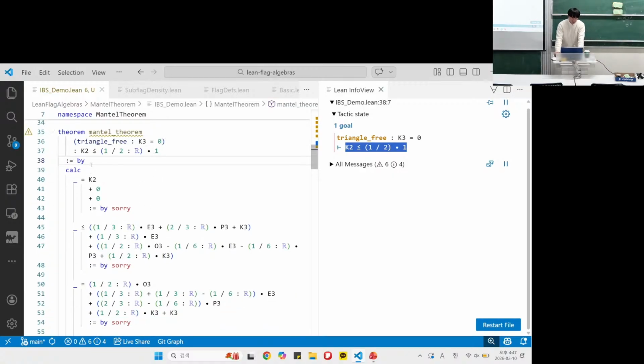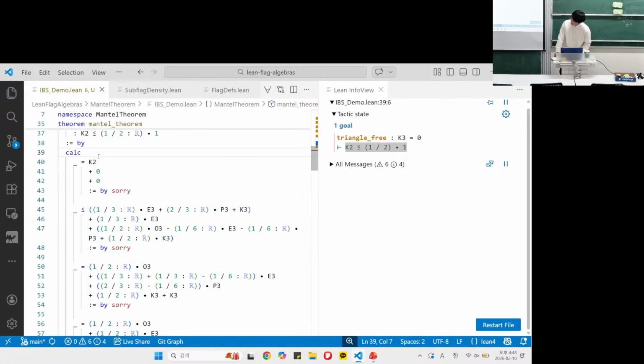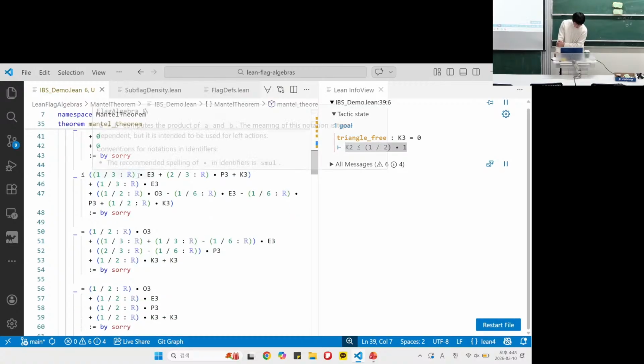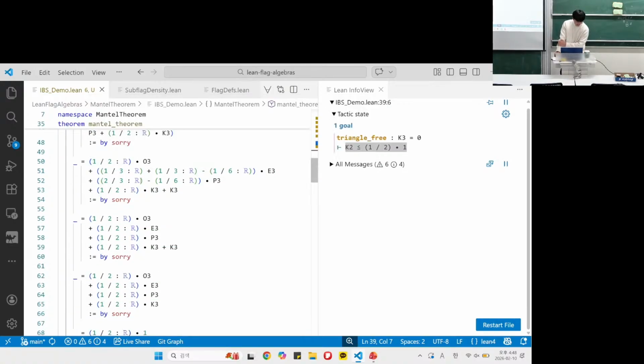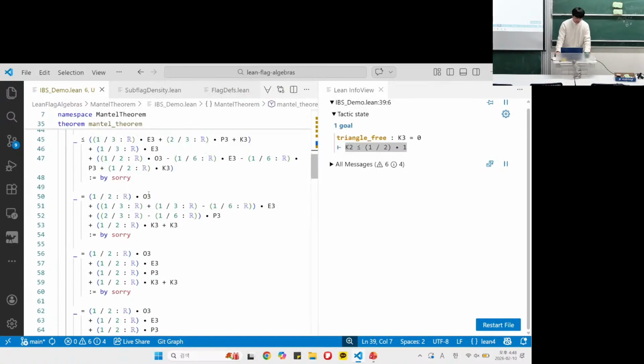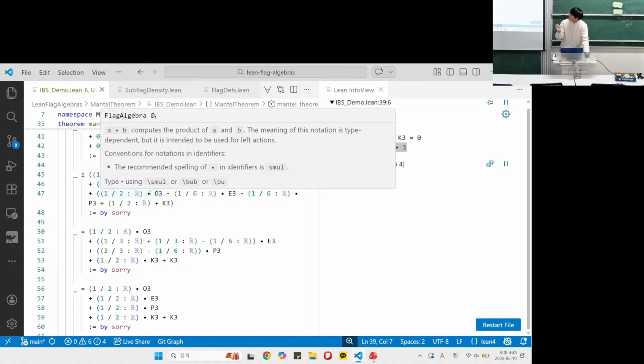And to make the calculation steps explicit, I used the tool called calc. I have outlined the calculation steps in advance, and let's go through each step of the proof together.